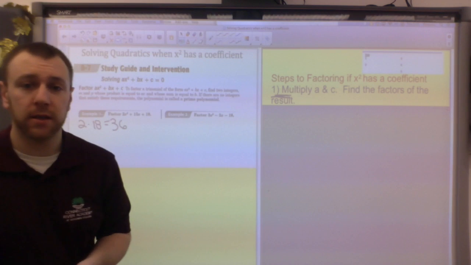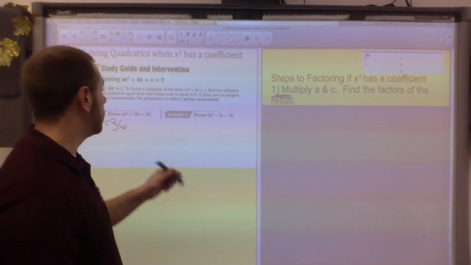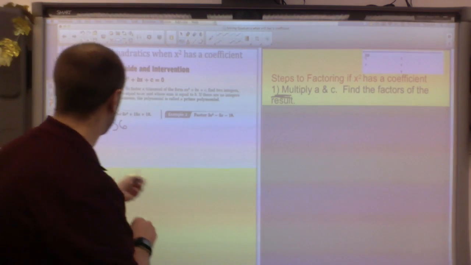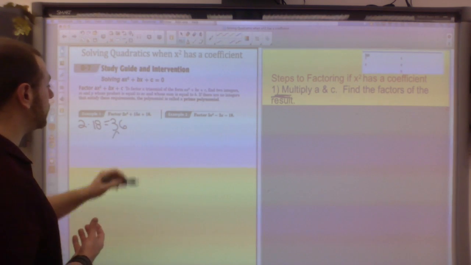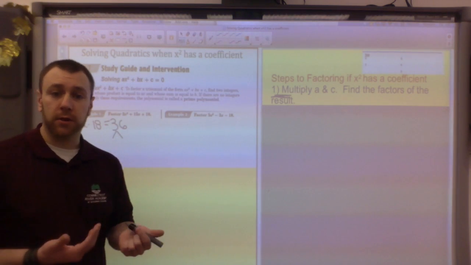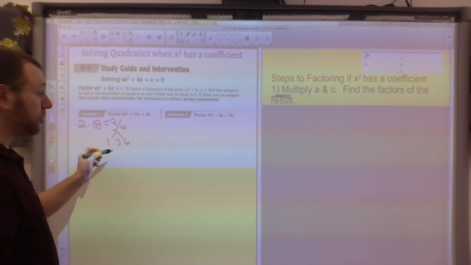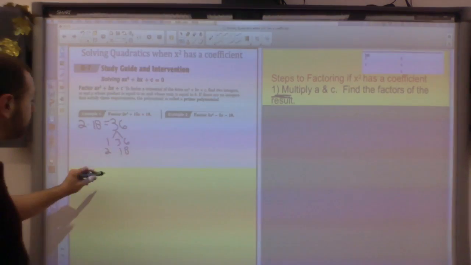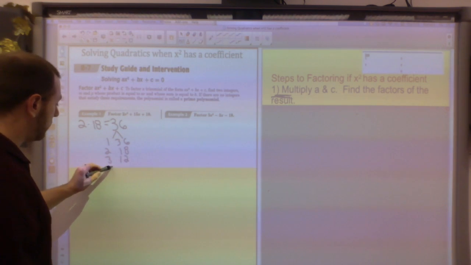Then I find the factors of that 36, just like I did before when I looked at just the c. Now when there's an a with the c, I have to multiply them, and then look for the factors. So how do I get 36? Well, 1 and 36, 2 and 18, 3 and 12, 4 and 9.